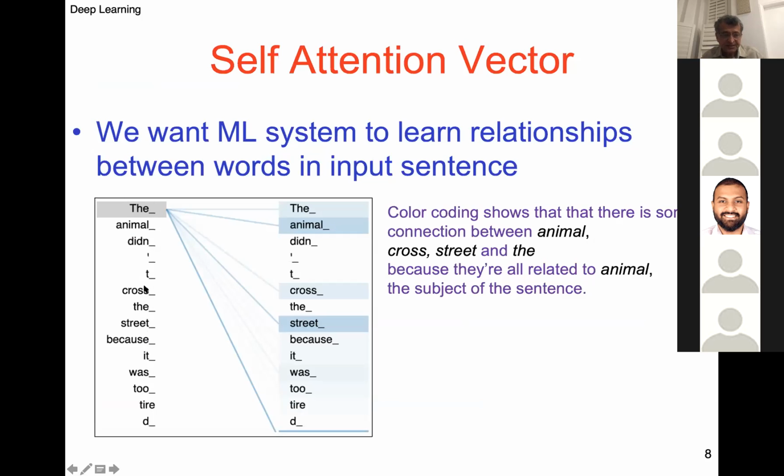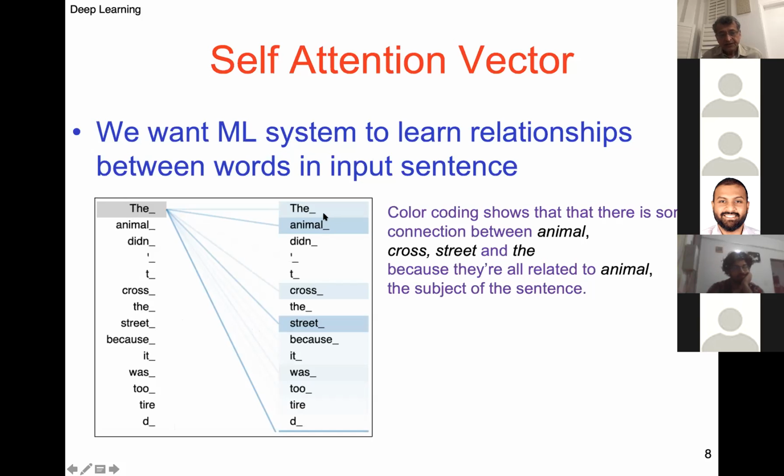This is just an input sentence. And this says there is some relationship. The relates to the animal. And then the animal equates the animal that was crossing, and the animal was crossing the street, and the animal was tired. Okay, all these things.